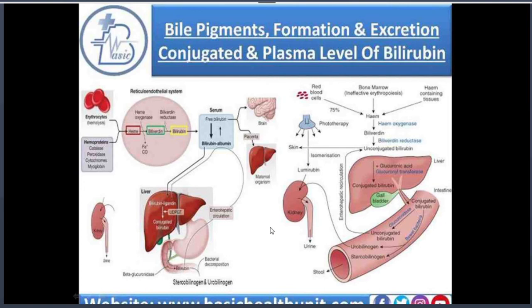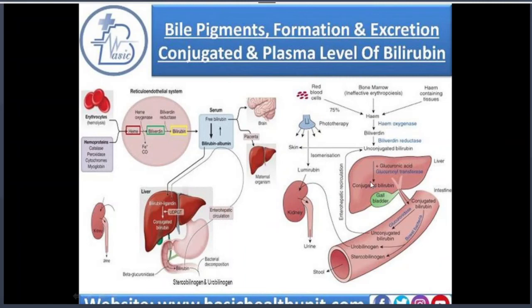Here you can see. So it enters the intestine and in presence of intestinal bacterial beta glucuronidase, this beta glucuronidase splits glucuronide from the bilirubin and converts it into urobilinogen or stercobilinogen. This urobilinogen, after action of beta glucuronidase, again enters into the liver by enterohepatic circulation through the portal vein.